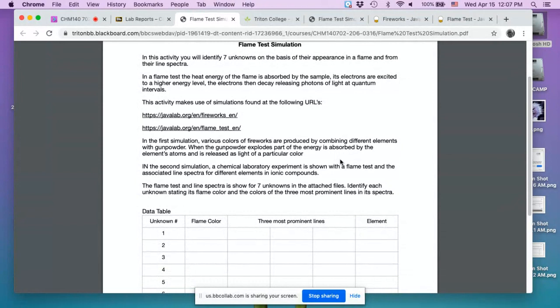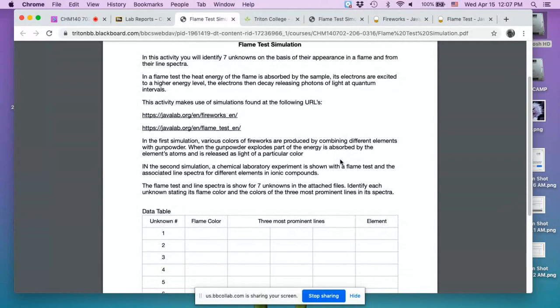In the second simulation, a chemistry laboratory experiment is shown with a flame test and the associated line spectra for different elements in ionic compounds. Now, these are not identifying the compounds. This is only identifying the cation, the metal part of the ionic compound. It doesn't tell you anything about the remainder of the ionic compound.